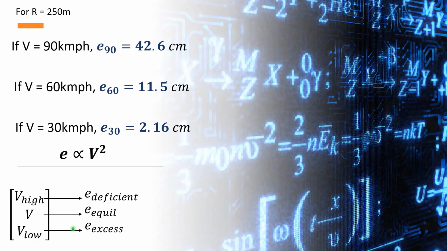Whereas at a lower speed than the average speed for which we are designing the super elevation, the tilt of the vehicle to the inner side will be more than the centrifugal force, which again can lead to derailment. So here e will be excess.